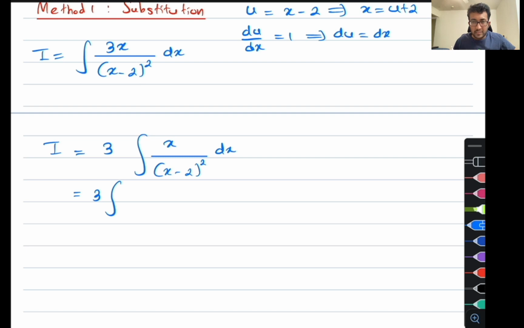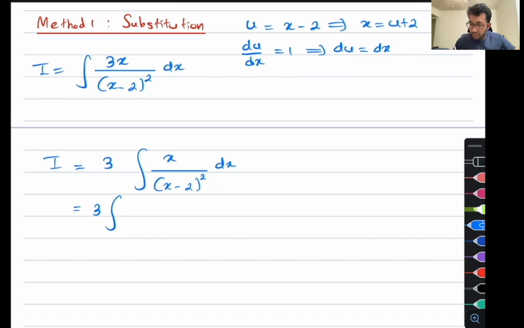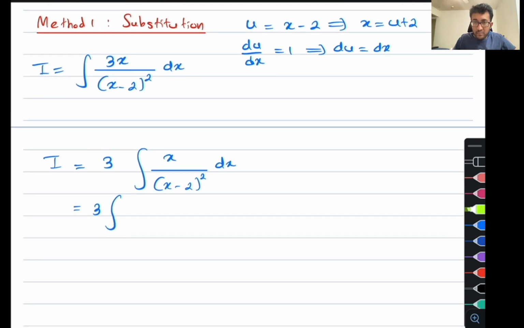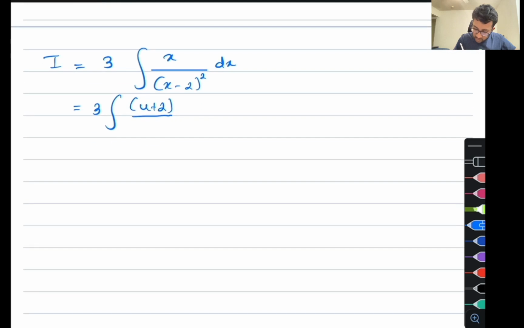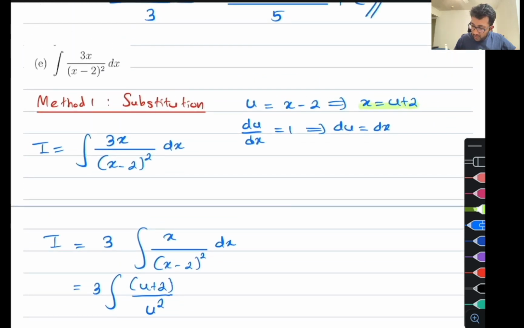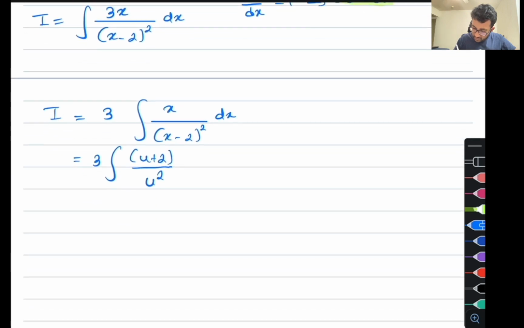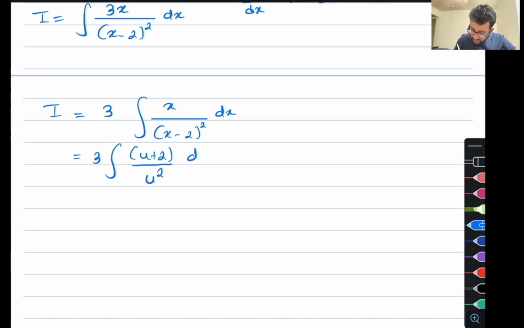Now I am going to use my substitution. Instead of x, I can put u plus 2, and x minus 2 is going to be u. So (x minus 2) to the power 2 would be u square. And what is my du? It is going to be dx, so instead of dx I can write du.